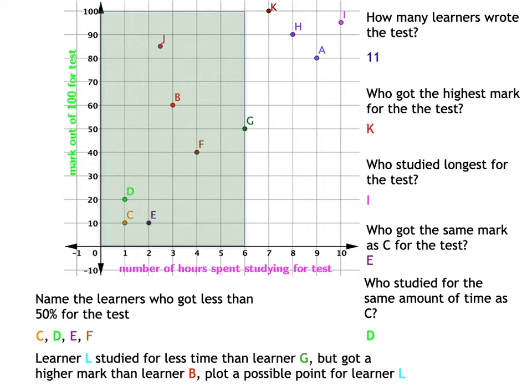If you got a higher mark than learner B, you have to be above the mark for learner B. So you have to be in that red area. Now our learner L has to be in the green area as well as in the red area. So learner L could be somewhere there, or there, or there, or there. Anywhere in the overlap between those two areas.